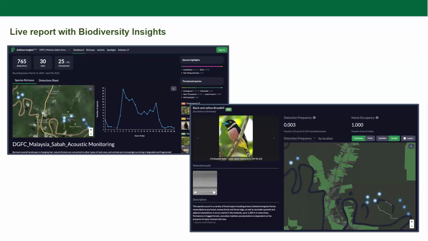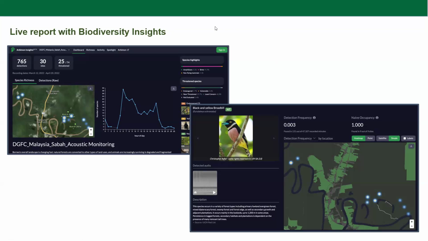RFCX is helping us with all the analysis as well, and all this pattern matching, where they match all these sounds that we got from our sites.